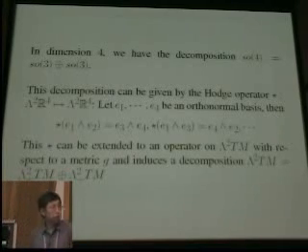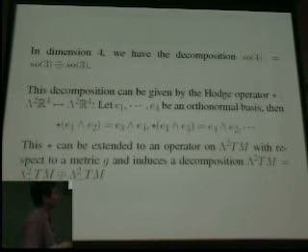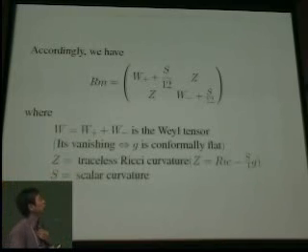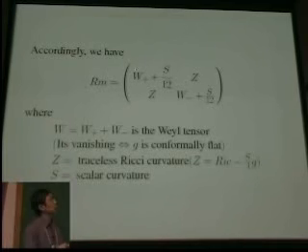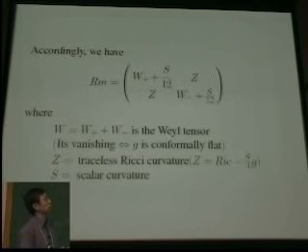This induces a decomposition of bivectors, tangent bivectors, for any given manifold. With respect to this decomposition, the curvature operator, which is now a 6 by 6 matrix, decomposes into 3 by 3 blocks, and the curvature has a special form.